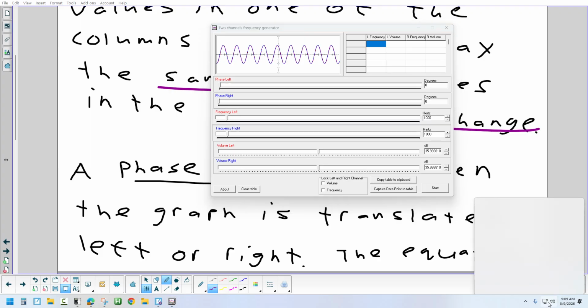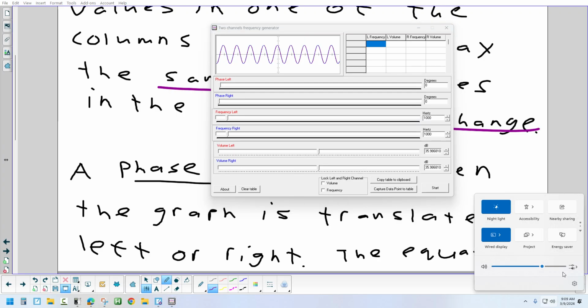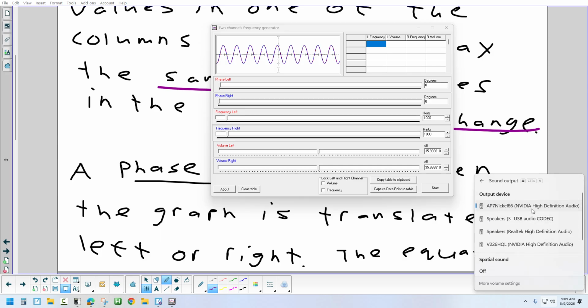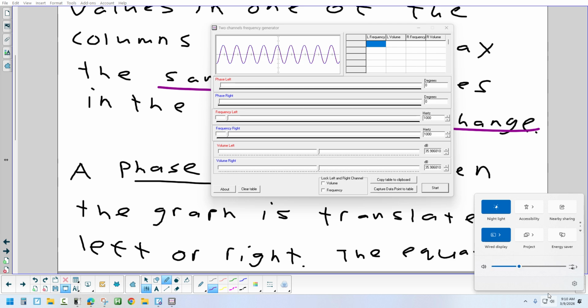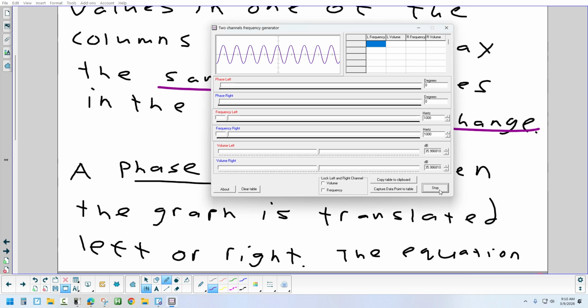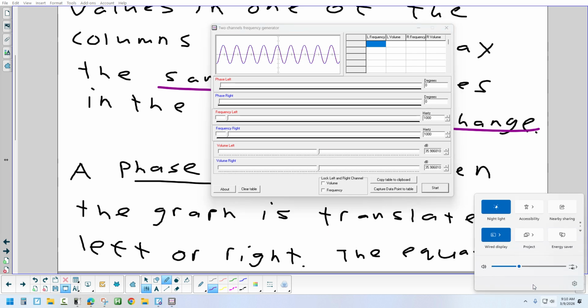So if I play, hold on a second, it's kind of loud. Okay, so that's the sound that you're hearing. That's 1,000 hertz. Okay, that's a cycle.